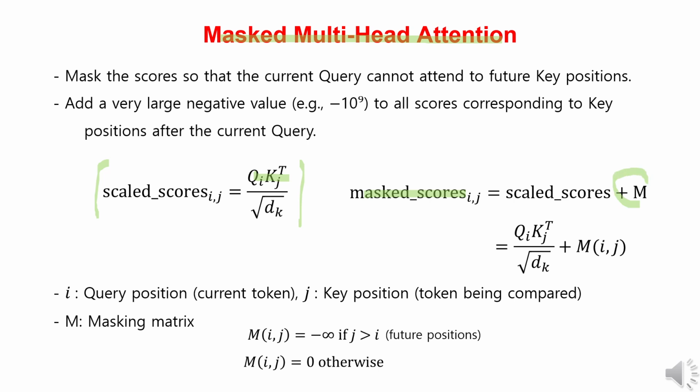Here, i denotes the position of the query, that is, the position of the word currently being predicted, and j denotes the position of the key, or the word being compared. The masking matrix, M, assigns negative infinity to the score when the key position j lies in the future relative to the query position i, and 0 otherwise.